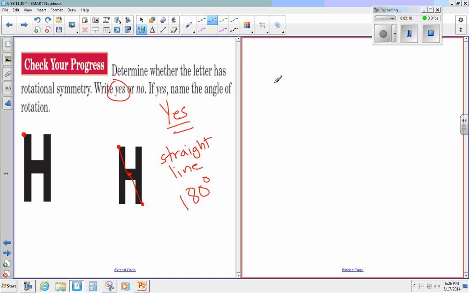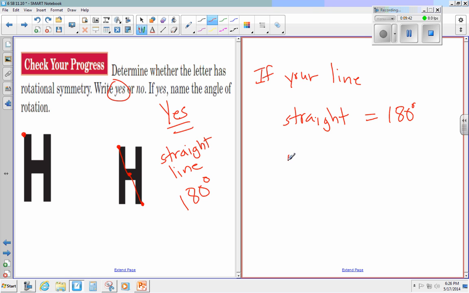So let's add that in there. If your line is straight, that equals 180 degrees.